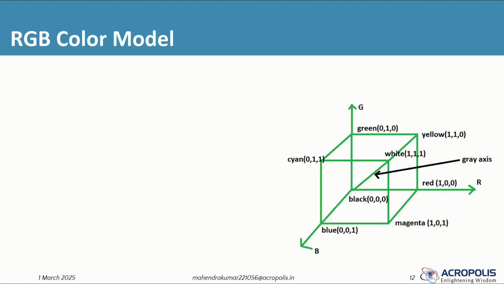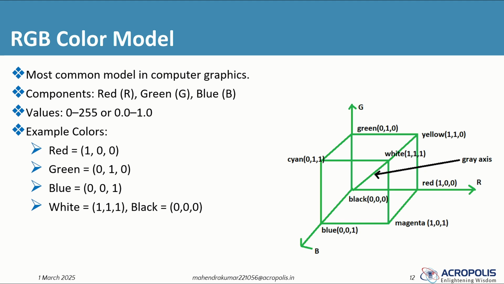Firstly, the RGB model, red, green, blue, is the most common in computer graphics. It is an additive color model, meaning we create colors by combining light. Each component ranges from 0 to 255, or from 0.0 to 1.0 in normalized form.